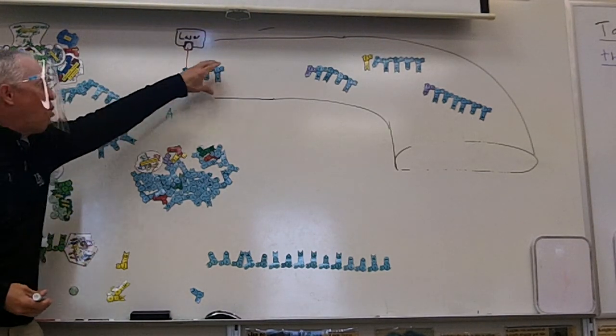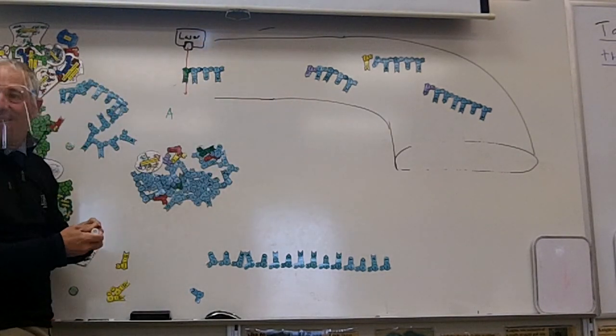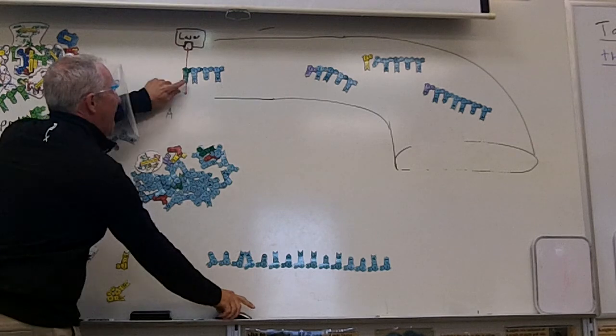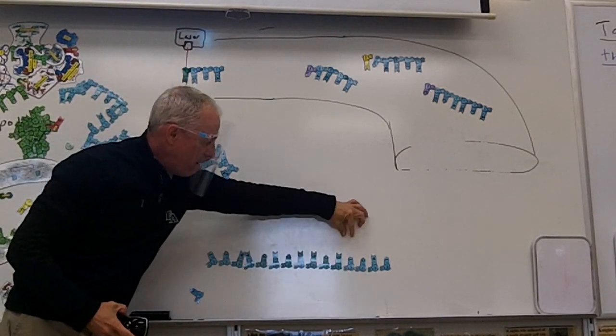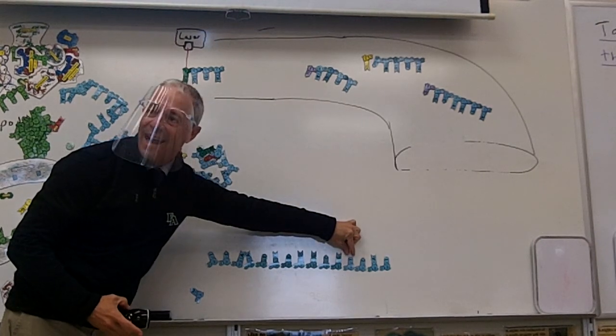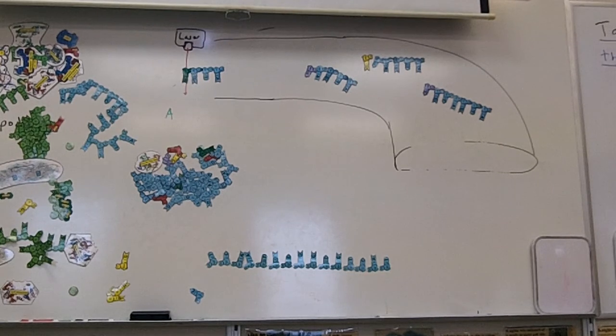Now there's not just one of these passing by, there's thousands of them. And they're all A's, because A was the first nucleotide after the primer. And that's why you get this hump right here. There's a hump showing how many G's.